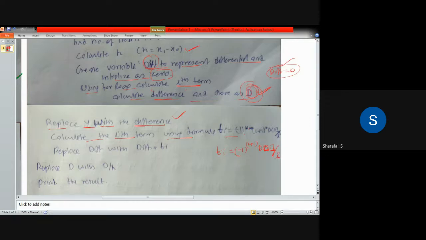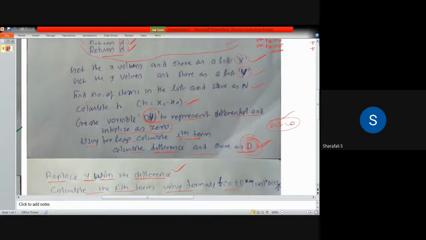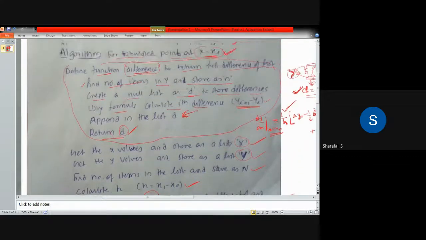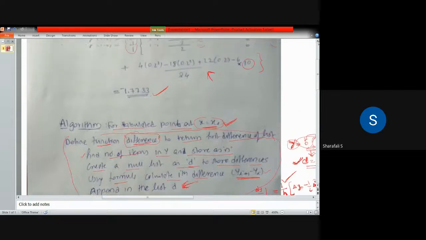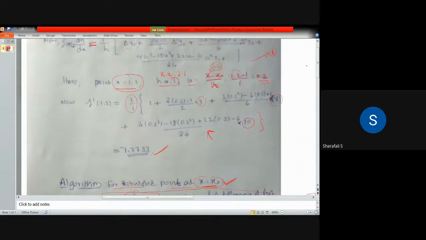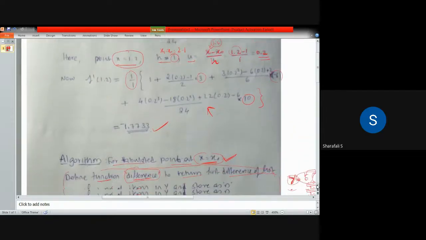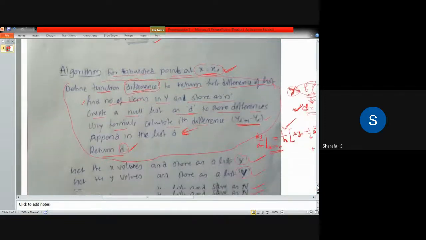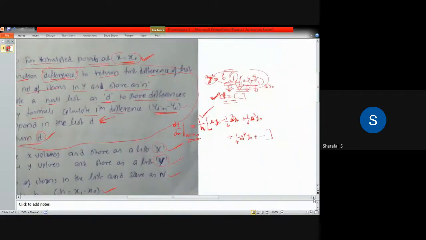As you can see from this equation, for the differentiation of the tabulated value at x equal to x0, you can see in this equation we have the first difference delta y0 divided by 1, that is my first i value.